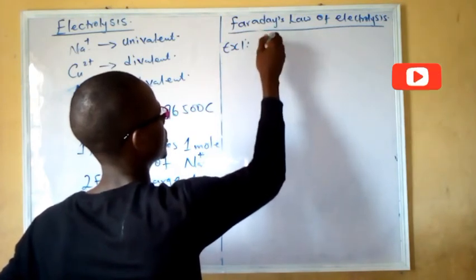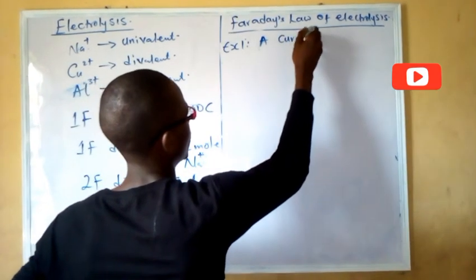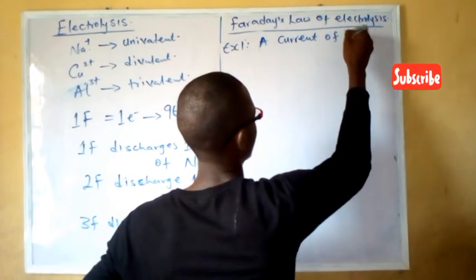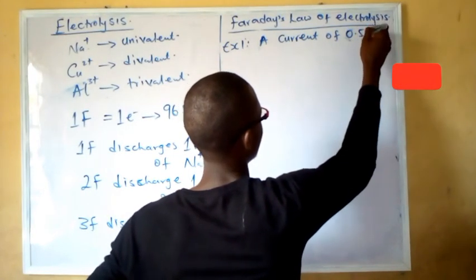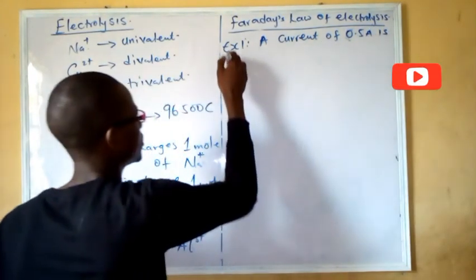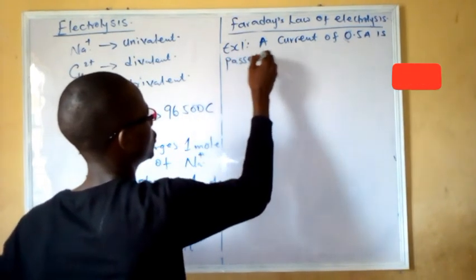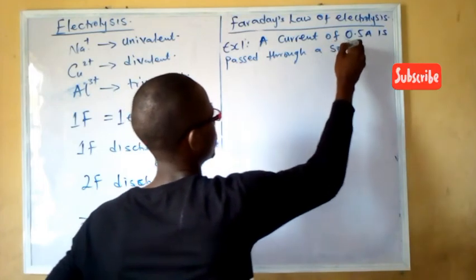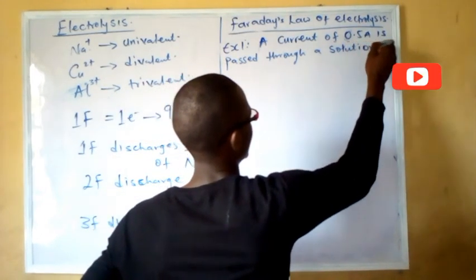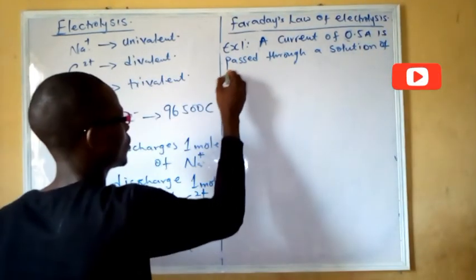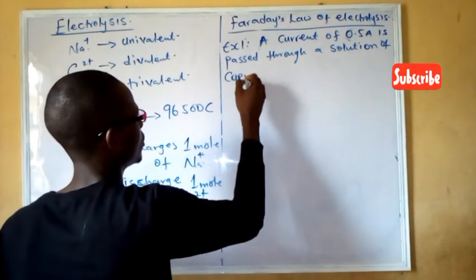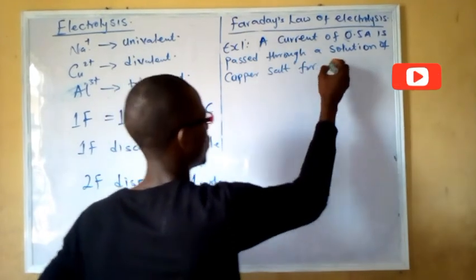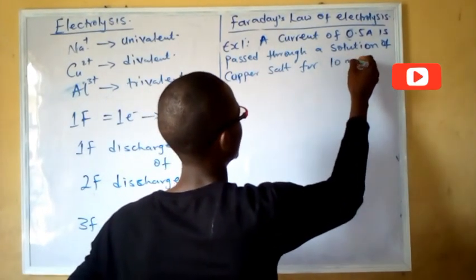A current of 0.5 ampere is passed through a solution of copper salts for 10 minutes.